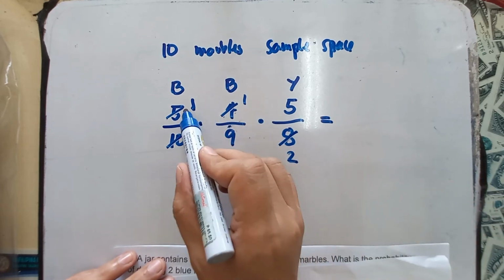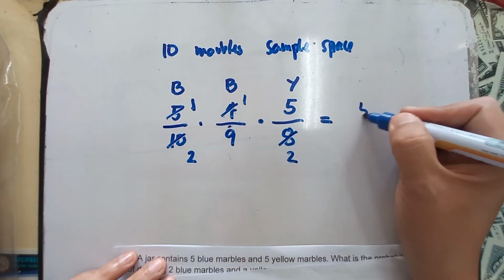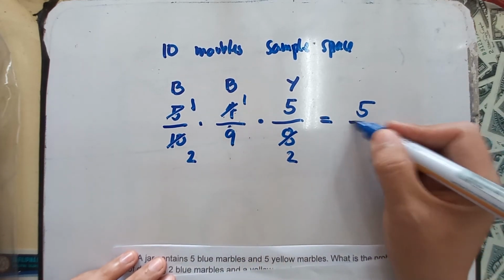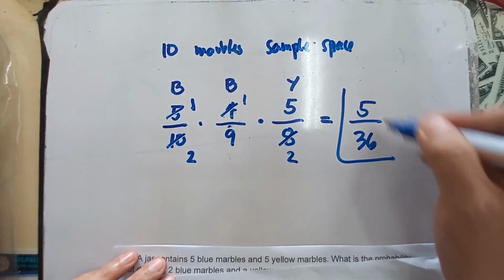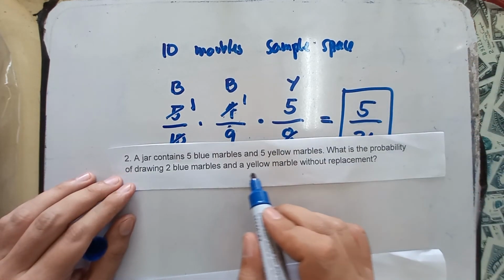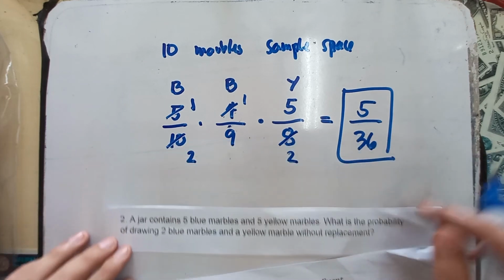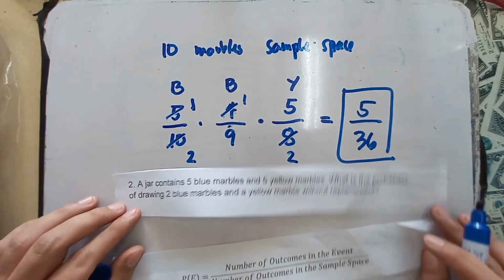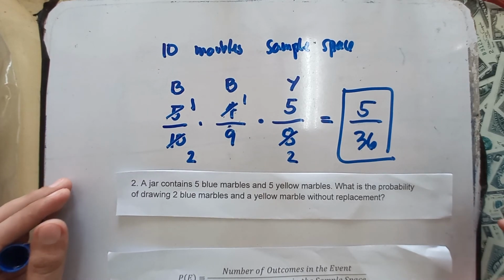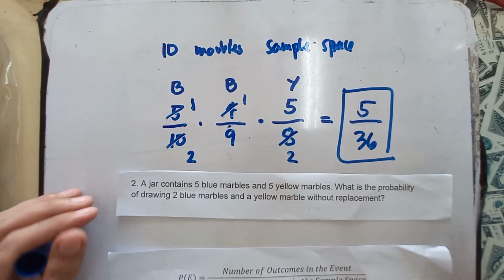So you have now 1 times 1 times 5, that's 5. 2 times 9, that's 18. Times 2, that's 36. Now, your probability of drawing 2 blue marbles and a yellow marble without replacement is 5 over 36. So this is a probability of dependent event without replacement.